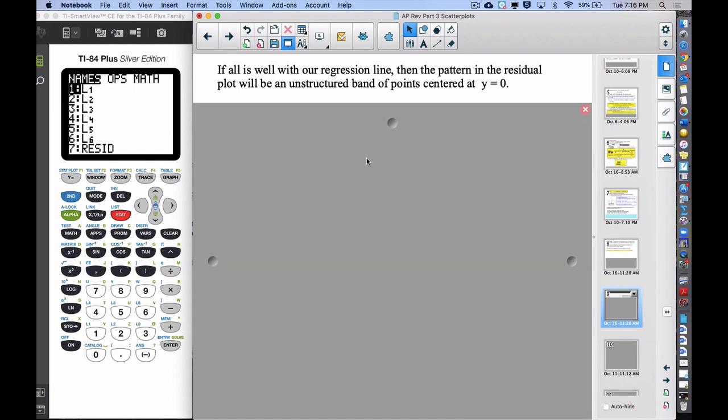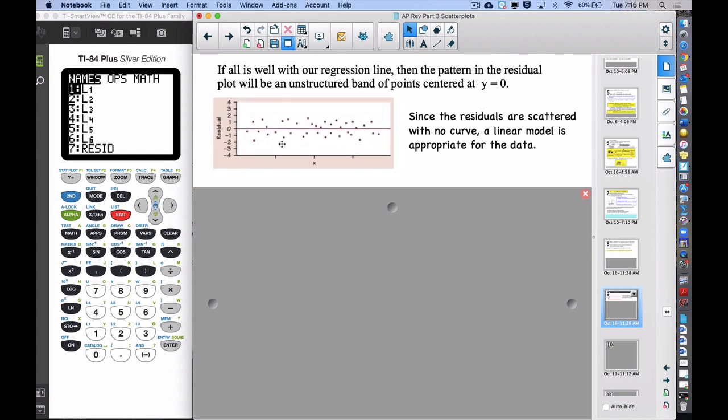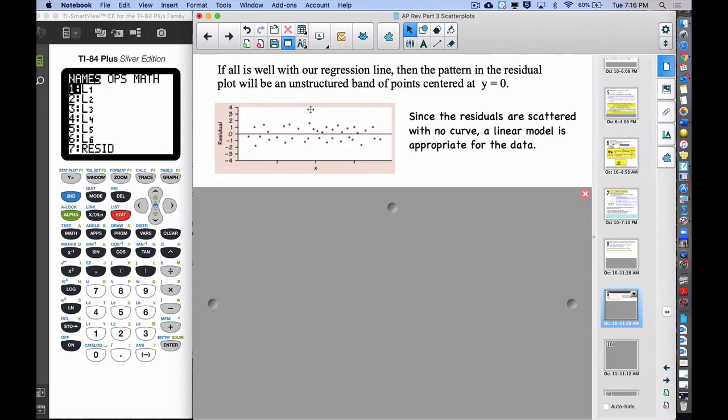When you make your residual plot, you're going to see a scatter plot looking thing. It's going to have a line running through the middle that represents y equals 0. If all is well with our regression line, then the pattern in the residual plot should just be an unstructured band of points, a scattered set of points that are centered around 0. So if you saw this as your residual plot, the way we would interpret or describe what that's showing us about the original data is this.